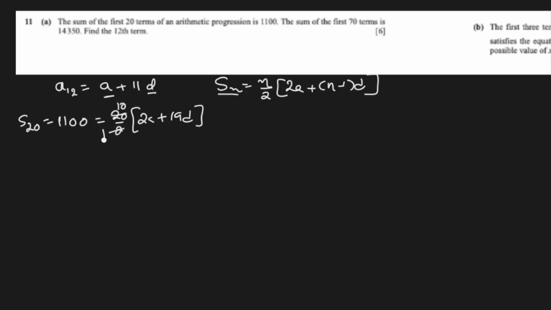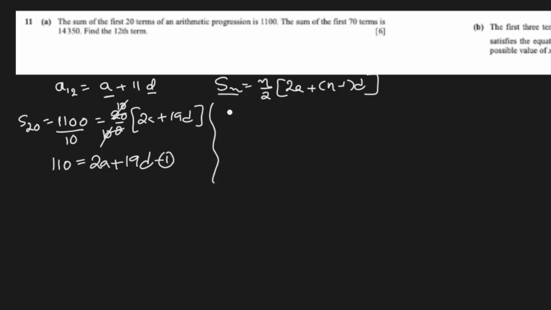Let's make it simple by dividing by 10 here and dividing by 10 here. So that this 10 also goes. So we are left with 110 equal to 2A plus 19D. That's equation number 1.